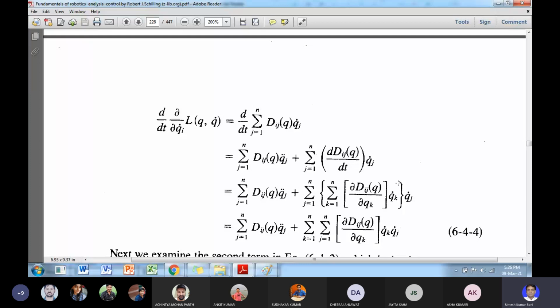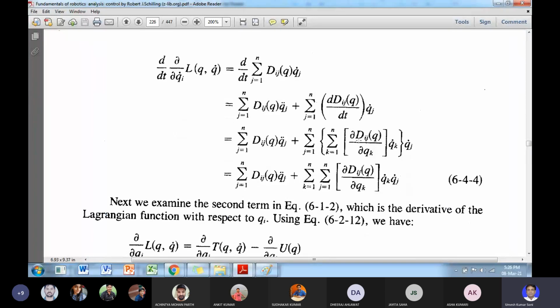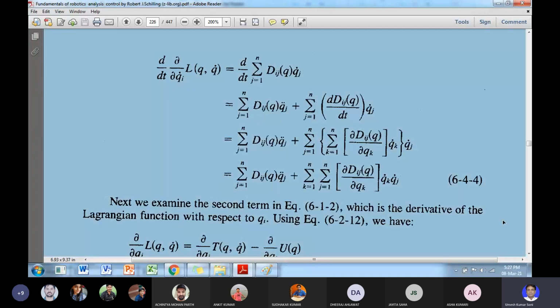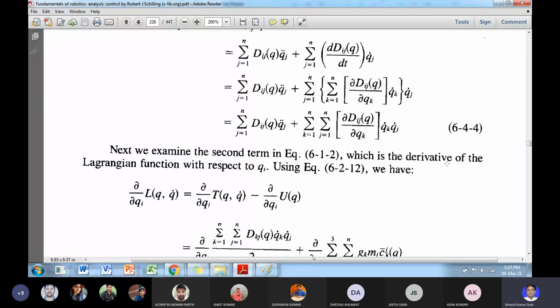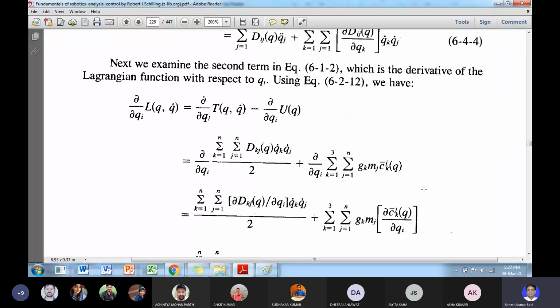Here delta q_k and delta q_k will cancel out, and finally this term can be replaced by this. So the complete first term of the Euler-Lagrange equation is given by 6.4.4.